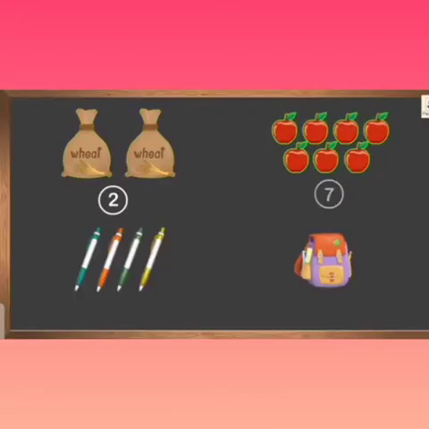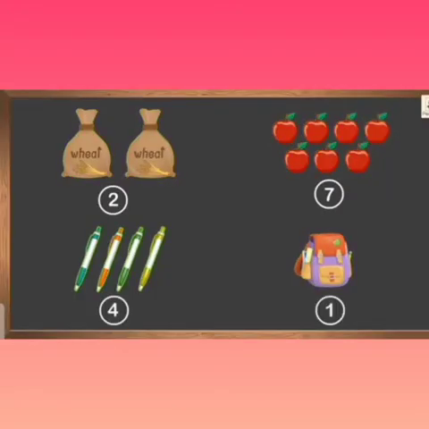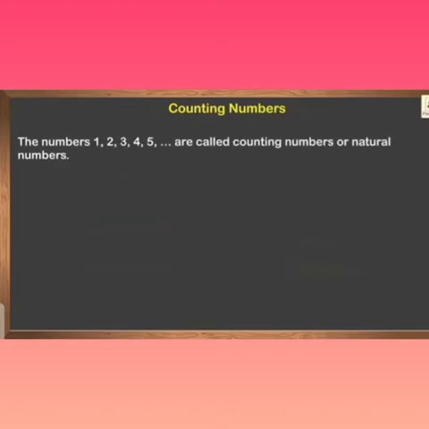We count various things for various purposes. We count things using counting numbers. The numbers 1, 2, 3, 4, 5, and so on are called counting numbers or natural numbers.